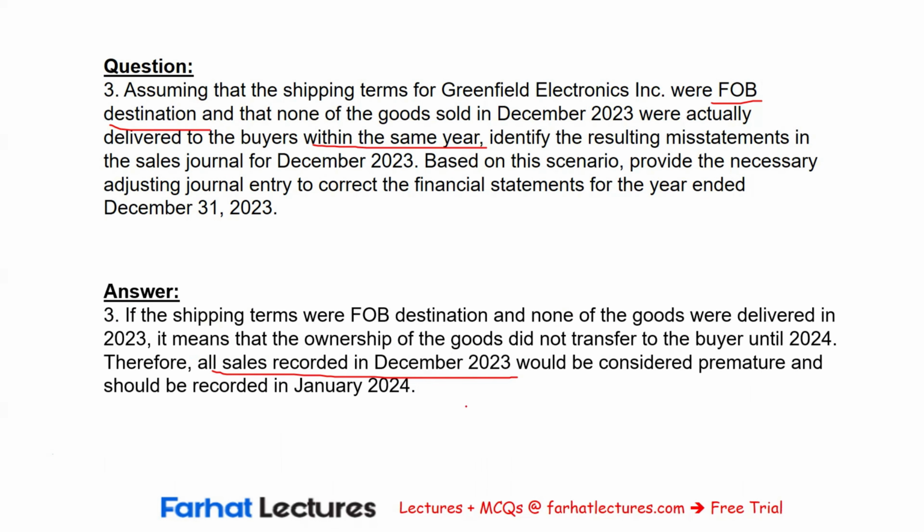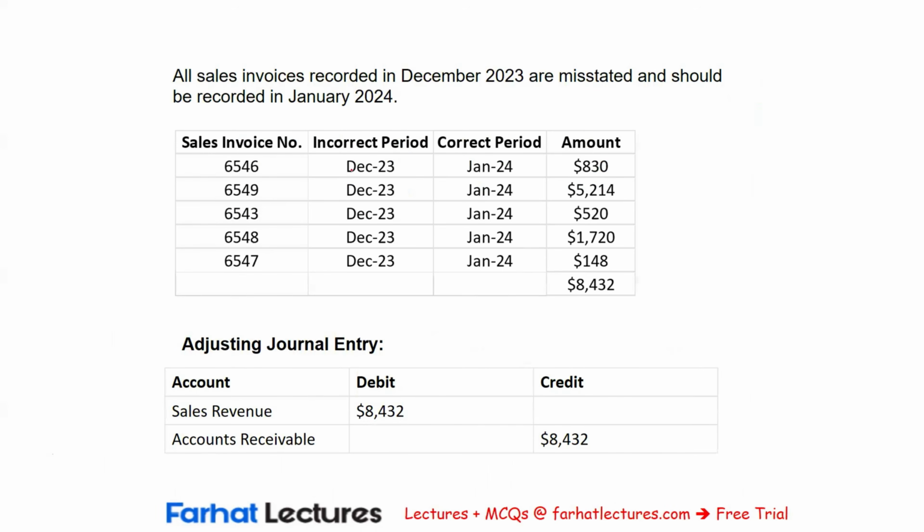because we have sales that have been recorded in 2023 that should have been recorded in 2024. They have overstated the sales and the accounts receivable during 2023. So what should we do? All the sales invoices recorded in December 2023 are misstated and should be recorded in January 2024.